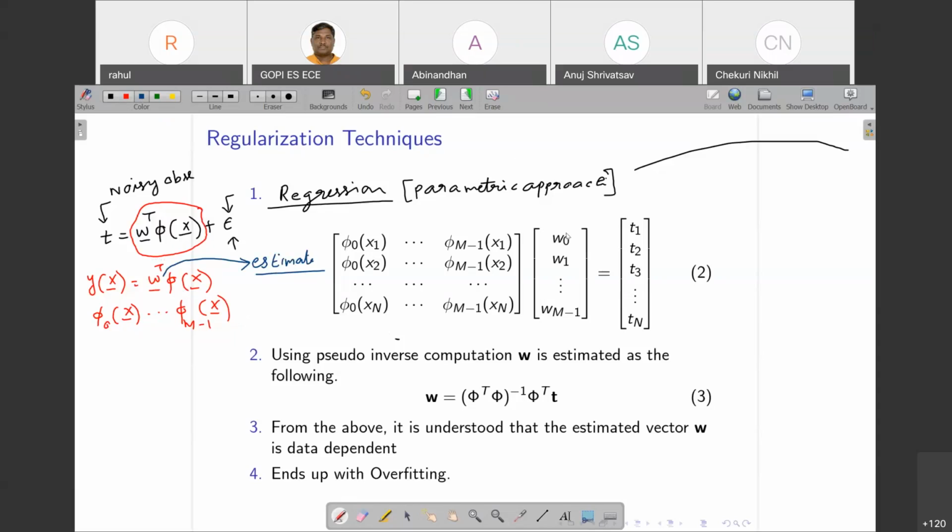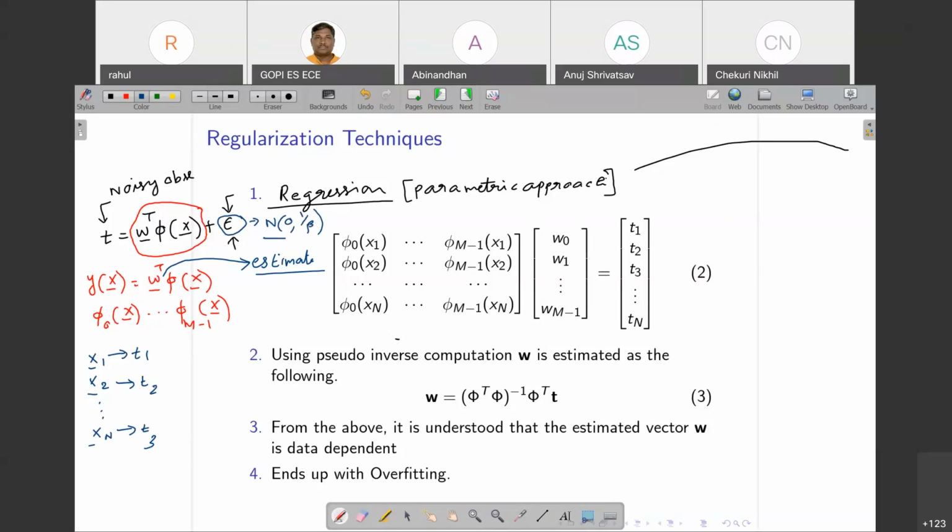So you are going to get the value of W based on the training data. You have the data set x1, x2 and so on up to xn, and the corresponding noisy observations are given to you. In this case, we assume the noise is Gaussian with mean 0 and variance 1 by beta.